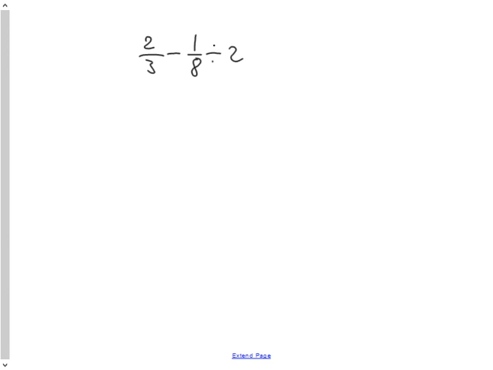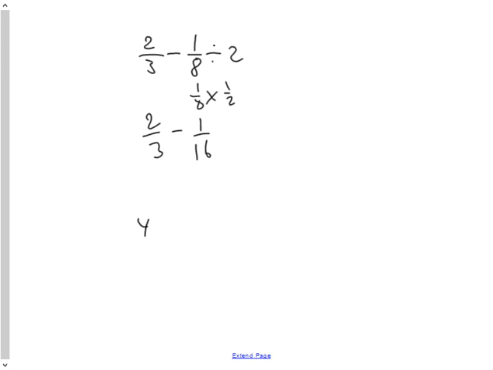Your next question, 2/3 take away 1/8 divided by 2. Again, same as the last one. I'm not going to do the subtraction before division. 1/8 multiplied by the reciprocal of 2 is 1/16. So it's going to be 2/3 take away 1/16. This is a little complicated because what is your common denominator?